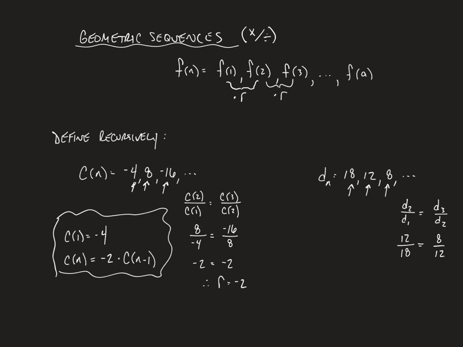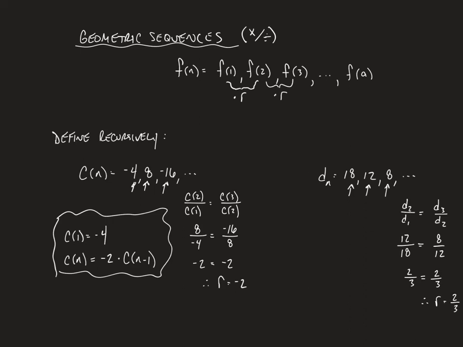And this looks a little trickier, but if I reduce these fractions, 12 and 18 are both divisible by 6. So I'm going to have 2/3 there when I reduce it. And 8 and 12 are both divisible by 4. So it turns out I do still have a common ratio.